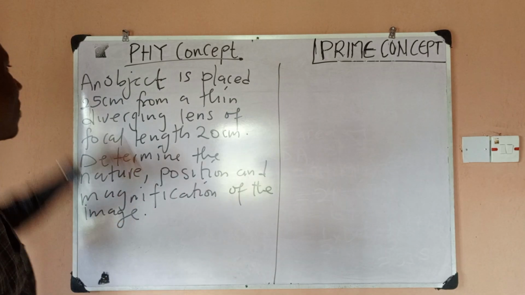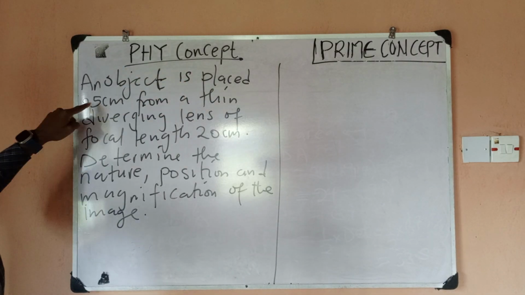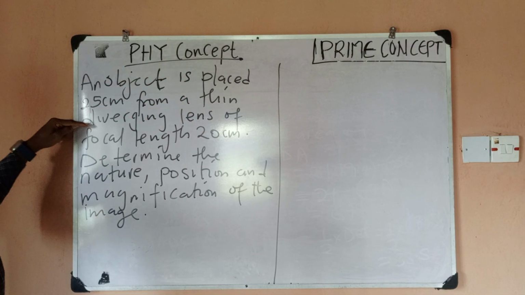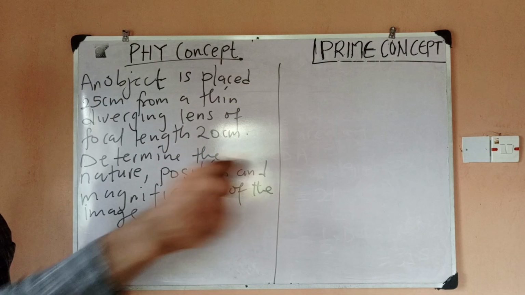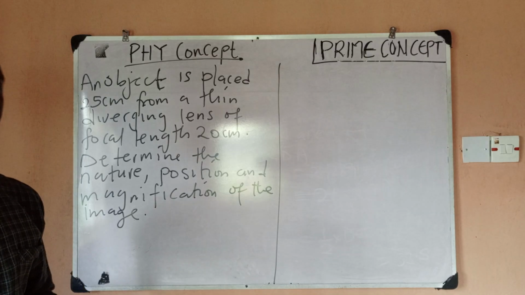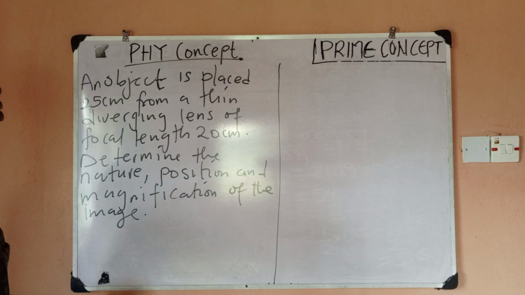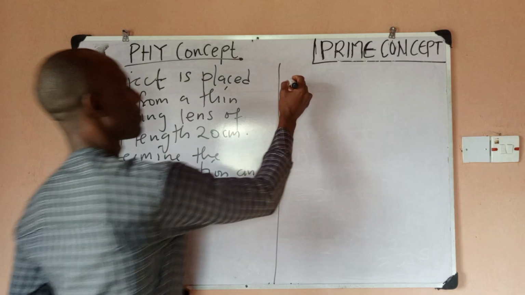We have an object placed 25 cm from a thin diverging lens. A diverging lens is actually a concave lens. Now we'll be applying the sign convention we learned from our previous video to solving this problem. So the object distance is 25 cm.